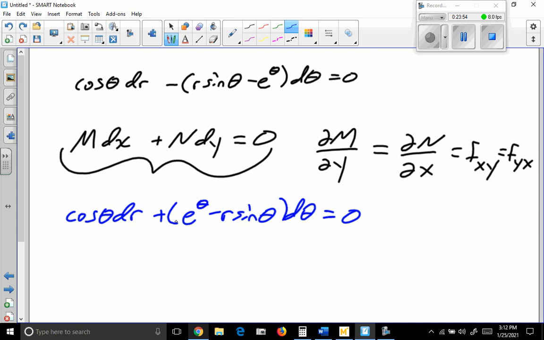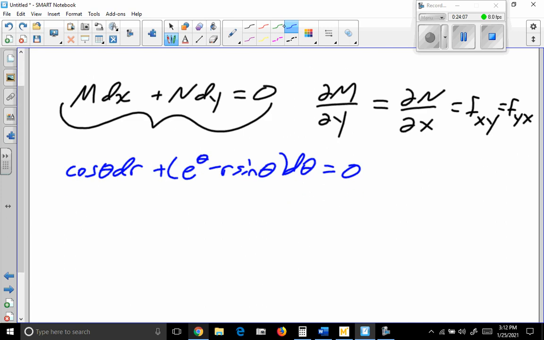If you're not sure if these two things are the same, if we distribute, that's minus r sine theta plus e to the theta. So this is M, and then this is N.